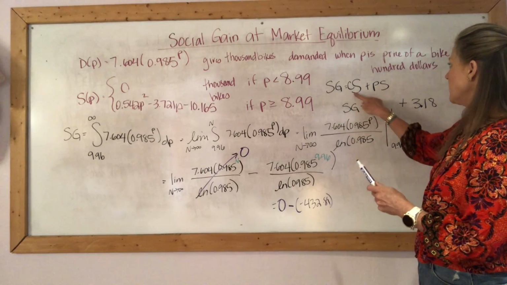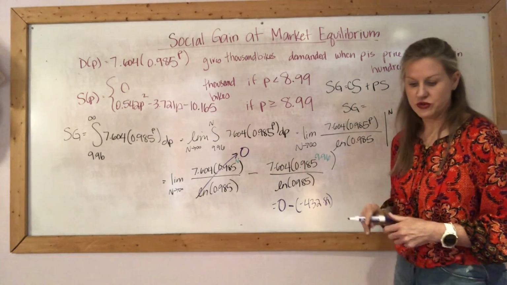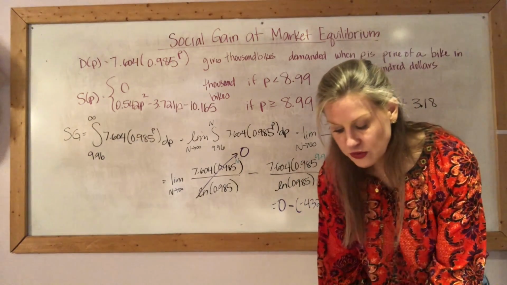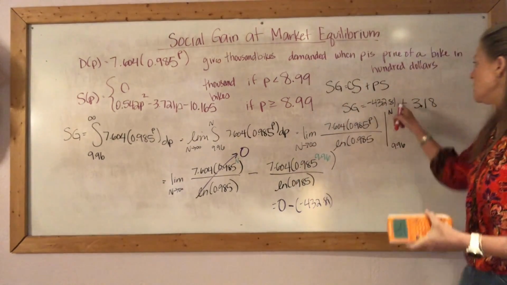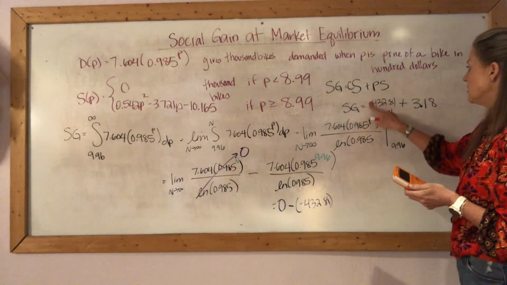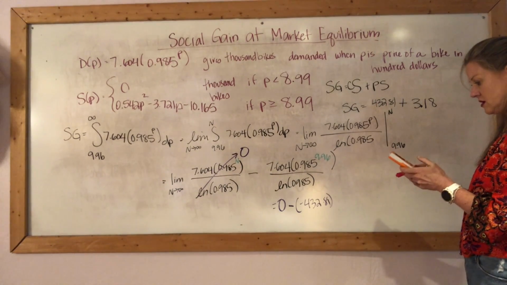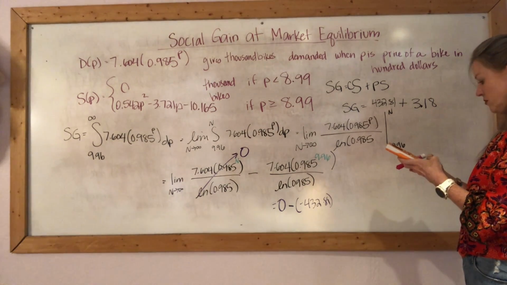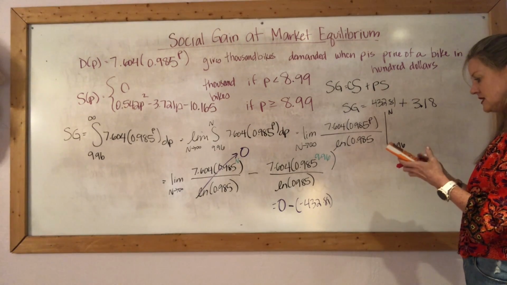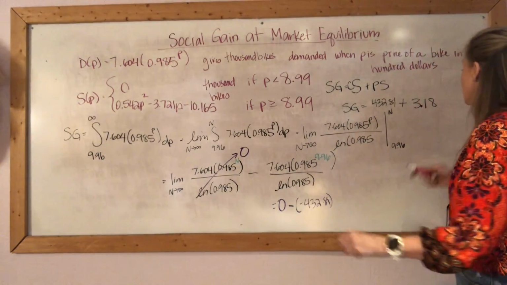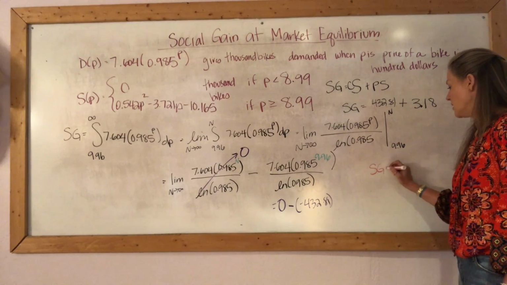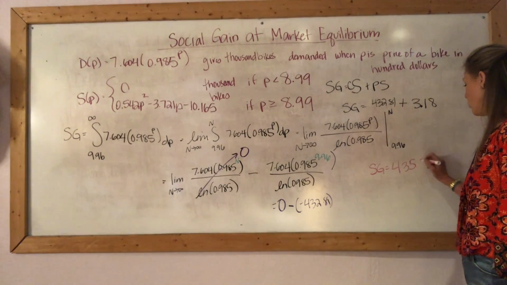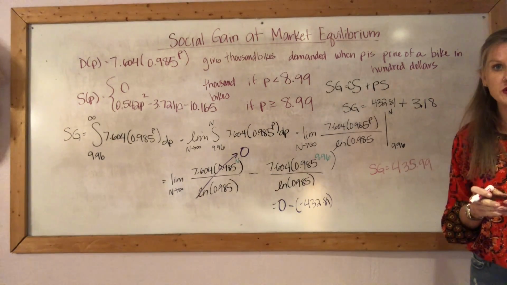So now my consumer surplus, after I go through the limit, is positive 432.81. So my social gain at market equilibrium overall is 432.81 plus 3.18. Social gain is 435.99, and remember your units.